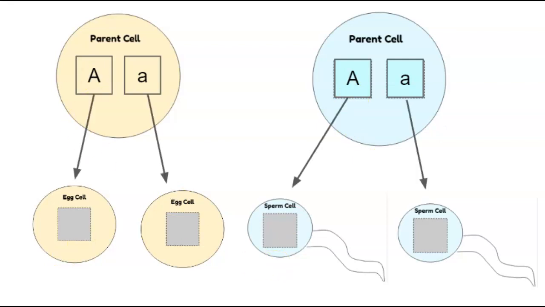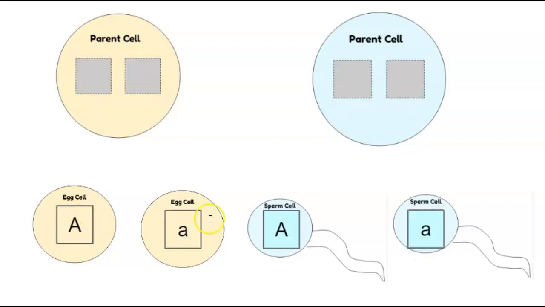So we can drop our letters down here, and our egg cell could either have a big A in it or a little a. It can't have both, because remember, half the number of chromosomes is in our starting cell for meiosis. Same thing for our sperm cells, half the number of chromosomes.